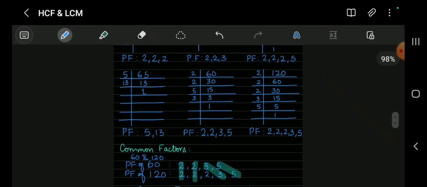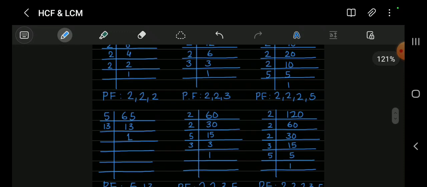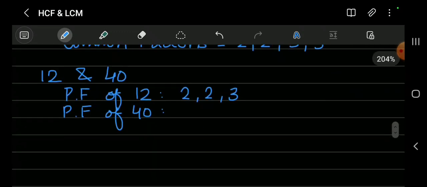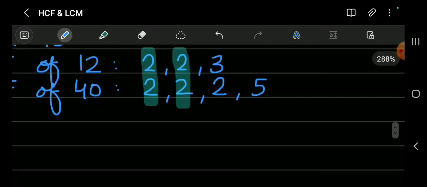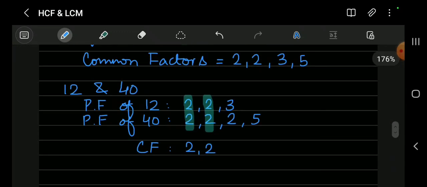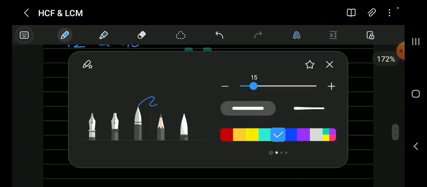Prime factors of 40 would be 2, 2, 2 and 5. In this case, are there any common factors? Yes, 2 and 2. So the common factors are 2, 2. If you got these common factors, now the concept of HCF is very easy.